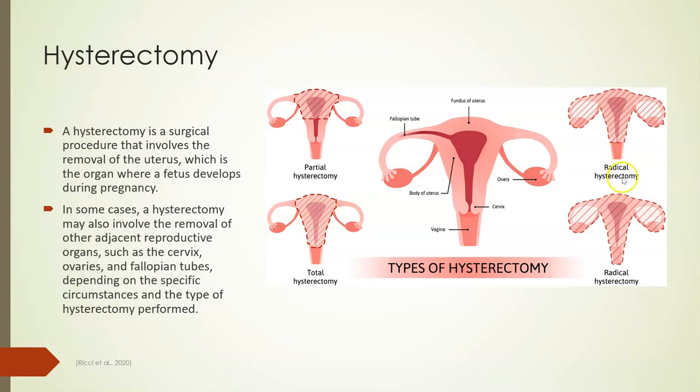Here we have a radical hysterectomy where they remove the entire uterus, the fallopian tubes, the ovaries, and in addition, it could also include removal of the vagina too. All right. So a hysterectomy is a surgical procedure that involves removing the uterus. But keep in mind that sometimes it may include removing only the uterus. Sometimes they remove the fallopian tubes also, as noted here, or they may remove the ovaries and also the vagina.